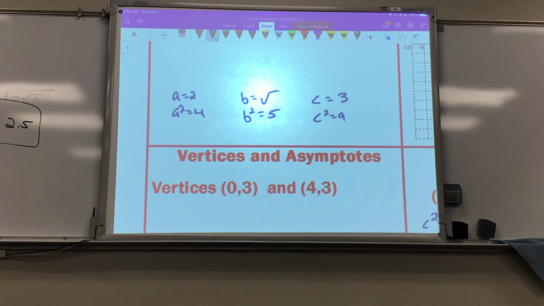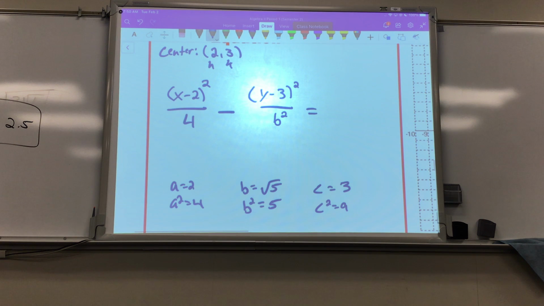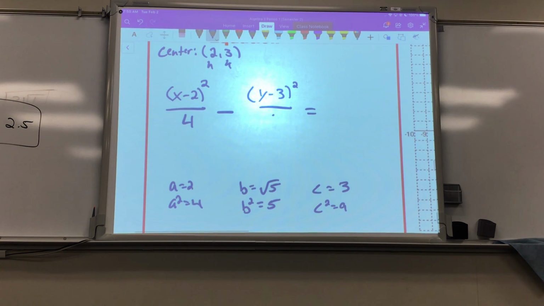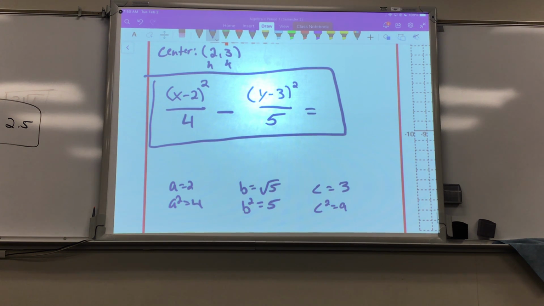So b would be square root of 5. Do I really need b in this case? I'm looking for the equation. I want b squared, right? So I'm just going to replace b squared with 5. B would help us graph it if we needed to graph it as well, though, right? But if I'm asking for the equation, I'm not worried about that. It's always equal to 1, correct?